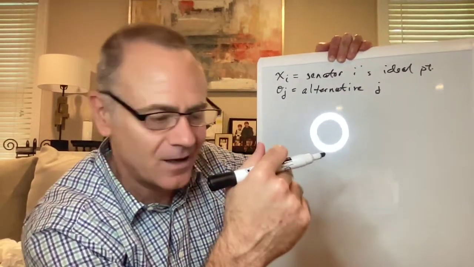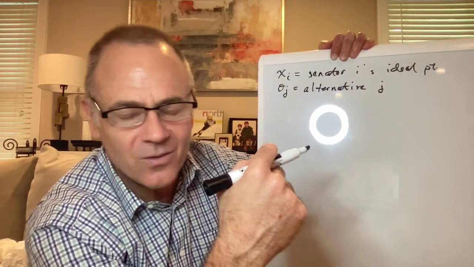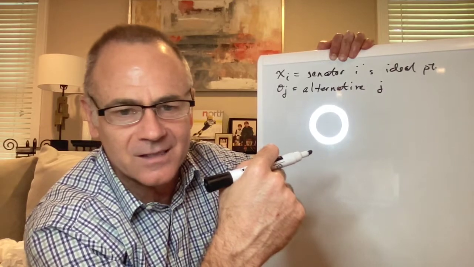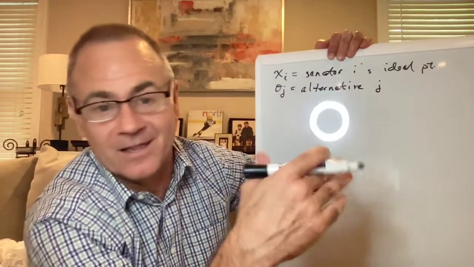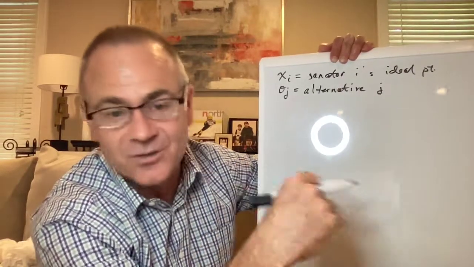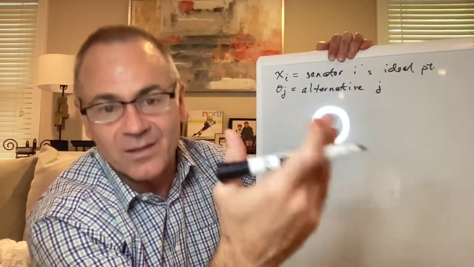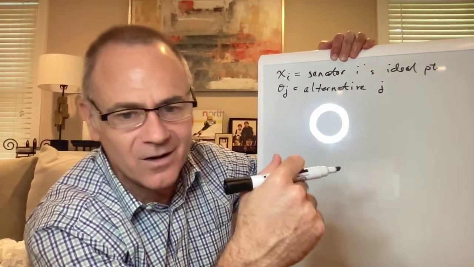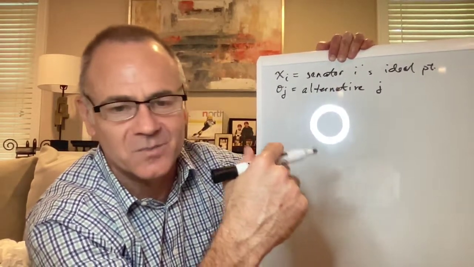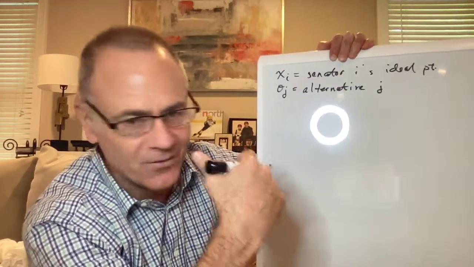Now, it turns out Krehbiel was my advisor, and he told me, we're going to test like the median voter theorem. And the median voter theorem assumes that the issue space is one-dimensional. And Keith Krehbiel told me, I thought there must be loads of bills out there where everything is one-dimensional.